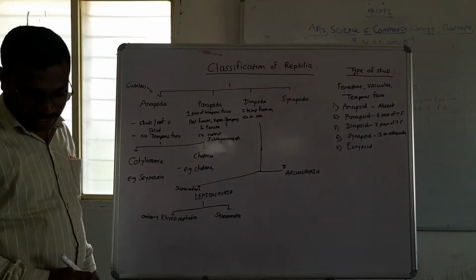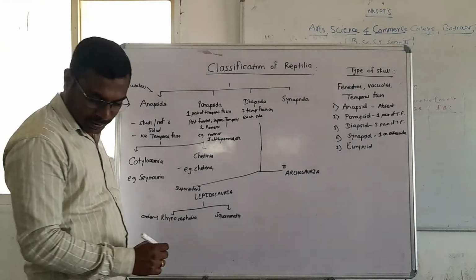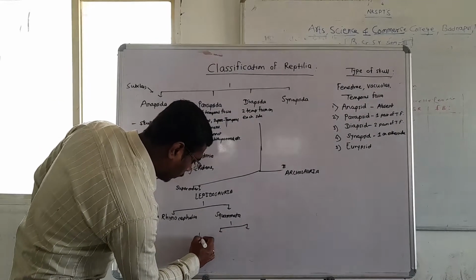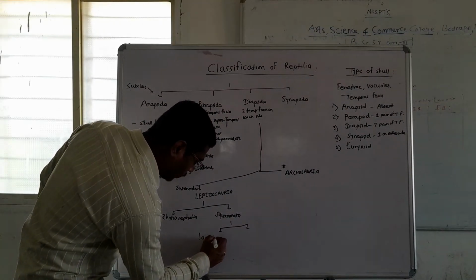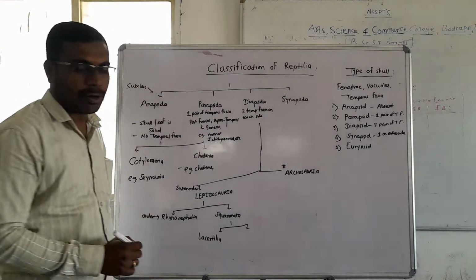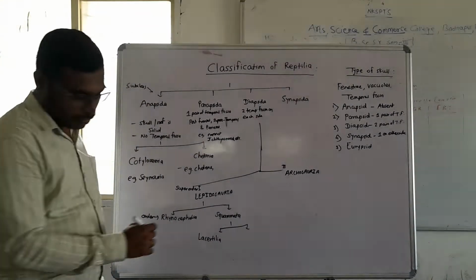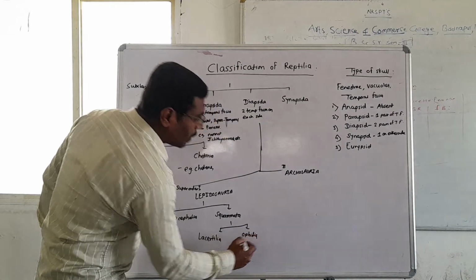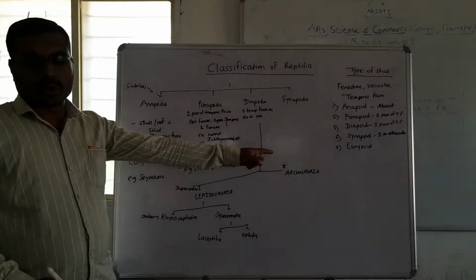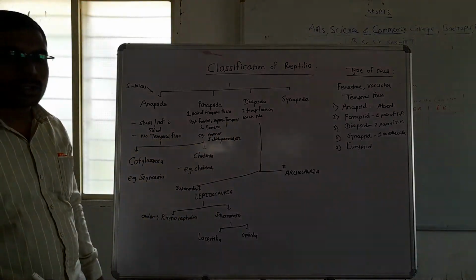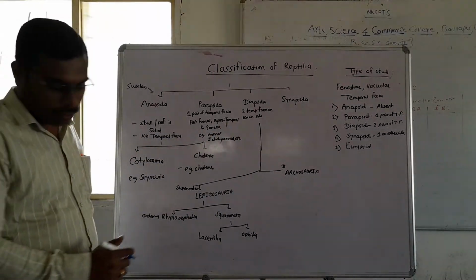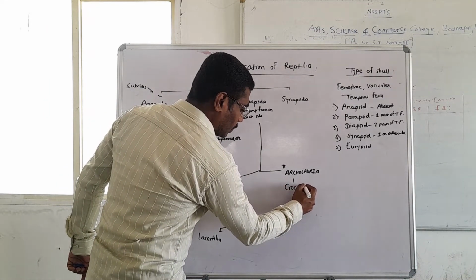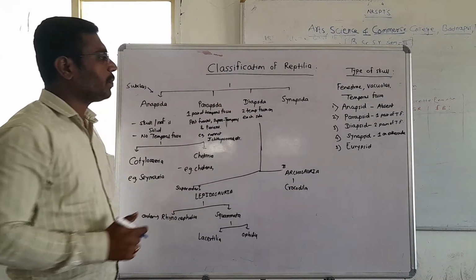One is Lacertilia and the second is Ophidia. And Archosauria includes one order, Crocodila. We will see one by one.